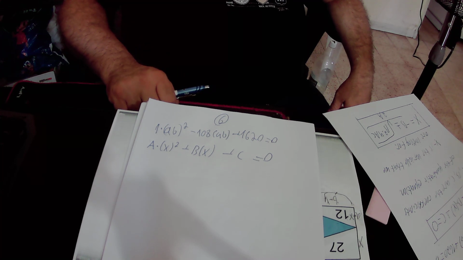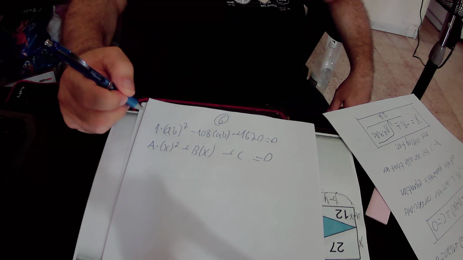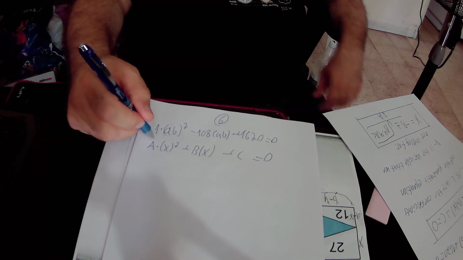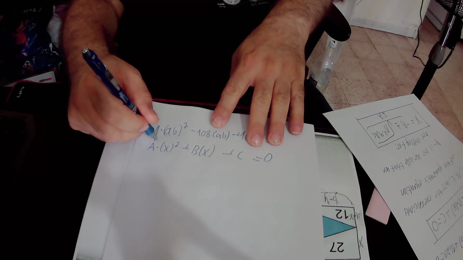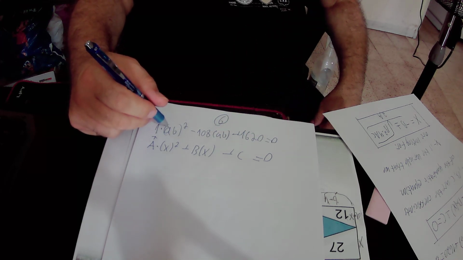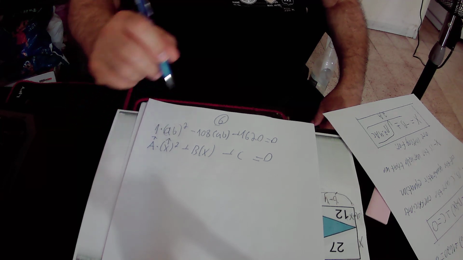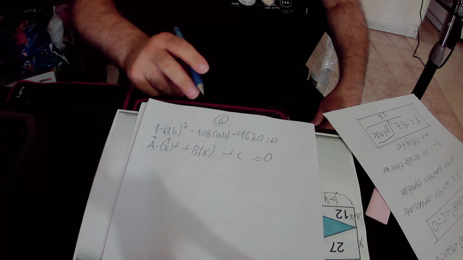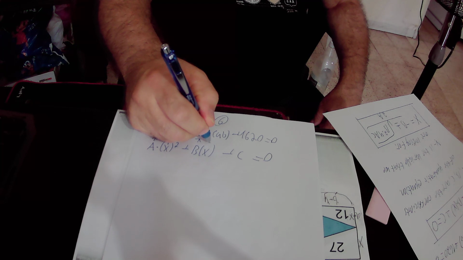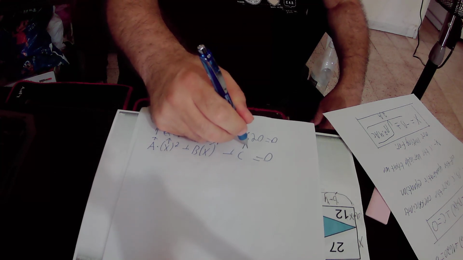So you can see that a equals 1, b equals negative 108, x equals ab, and c equals 1620.